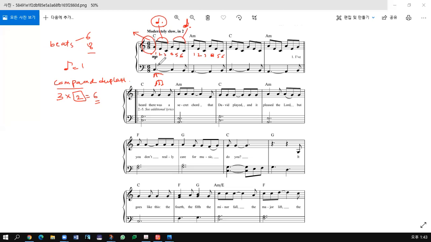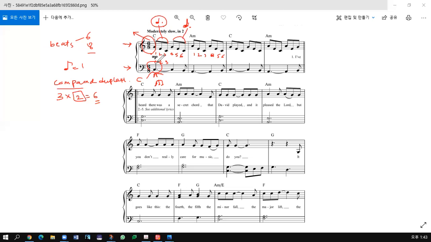So when you play this song in the future, this is your left hand, and this is your right hand, right? So your left hand, you play C, then that value is a dotted quarter, 3 eighth notes, right? So this one is like 3 beats. You have to wait. You play this C, 1, 2, 3.